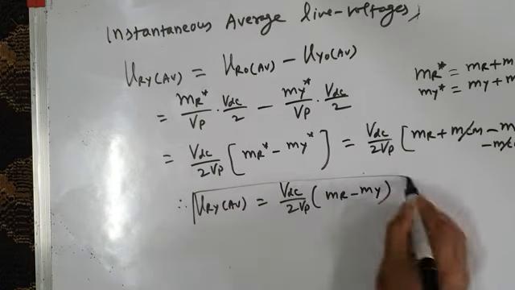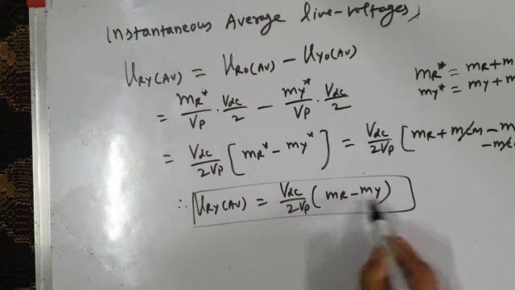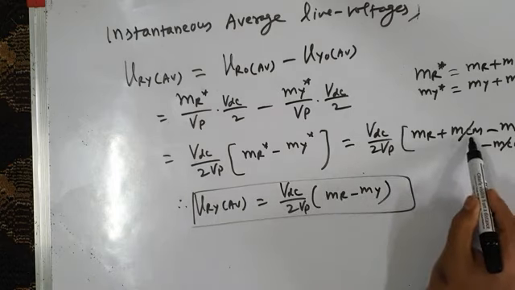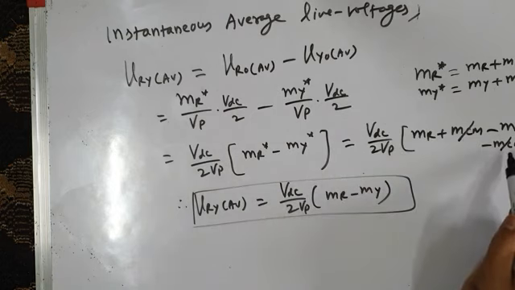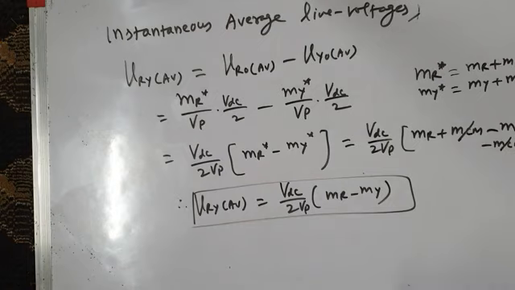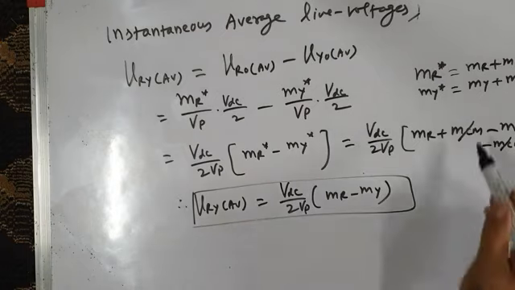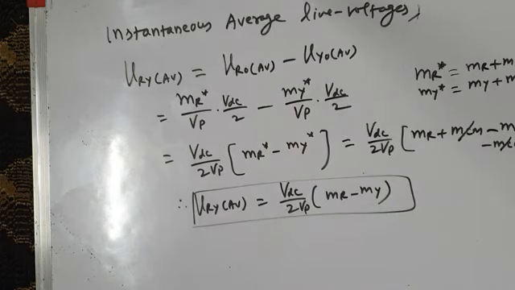So it is now VDC by 2 VP, not MR star minus MY star. MR star I substitute MR plus MCM, MY star I substitute MY plus MCM, MCM and MCM cancel. So that means the common mode signal subtracts from line voltage. It cancels in the line. It does not appear in the line voltage.